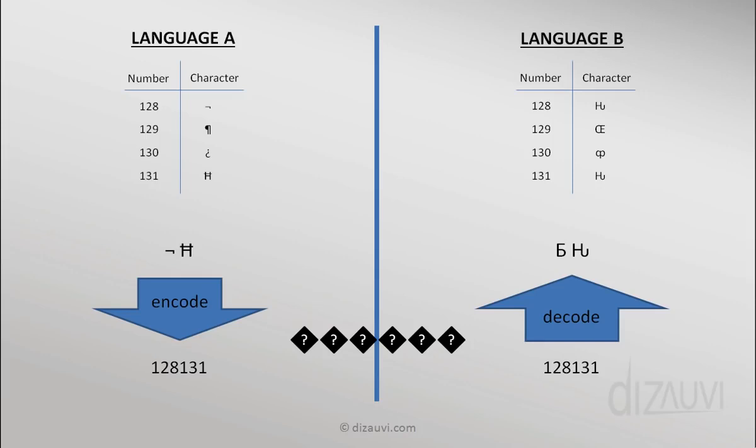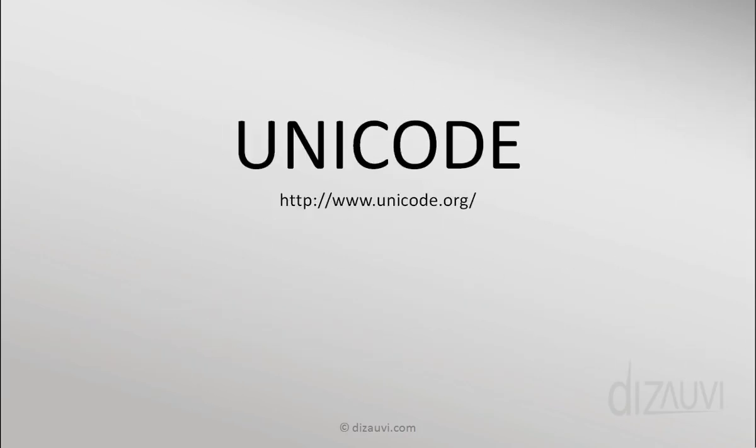And to solve this huge problem entered the Unicode Consortium, where people from different countries speaking different languages came together and tried to standardize encodings, trying to ensure that all languages find their place in the digital world using the UTF-32, UTF-16 and UTF-8 encoding schemes. Now, there are more encoding schemes by Unicode, but these are the commonly used ones, and we will learn about these in the next couple of videos.